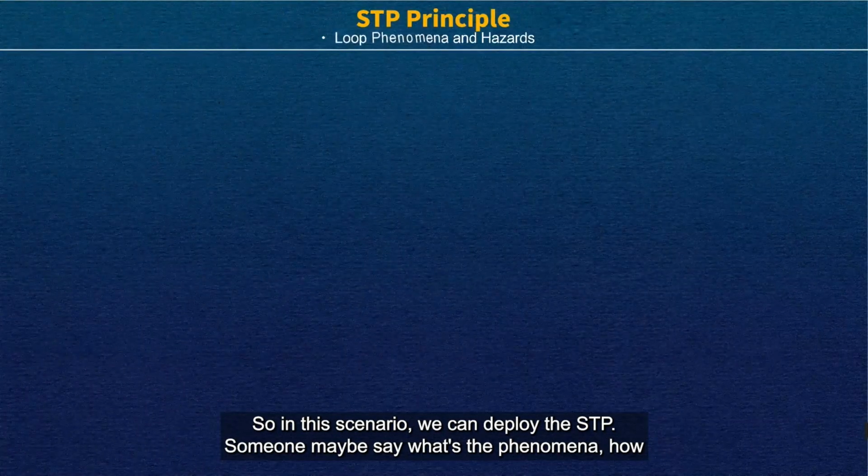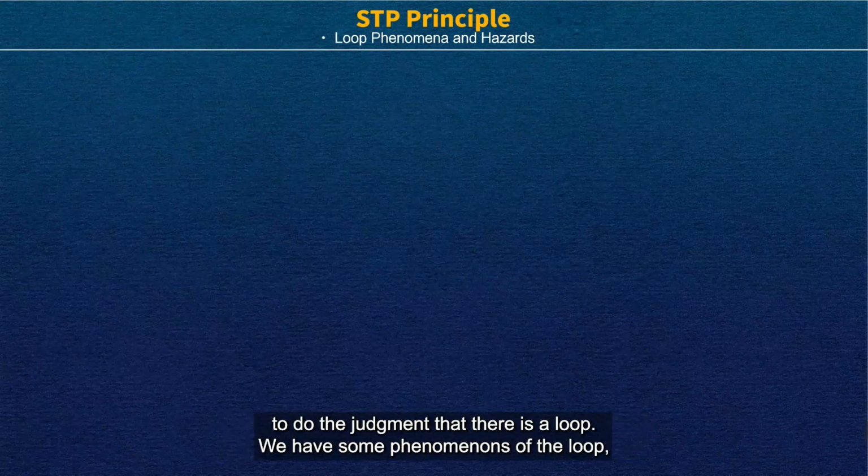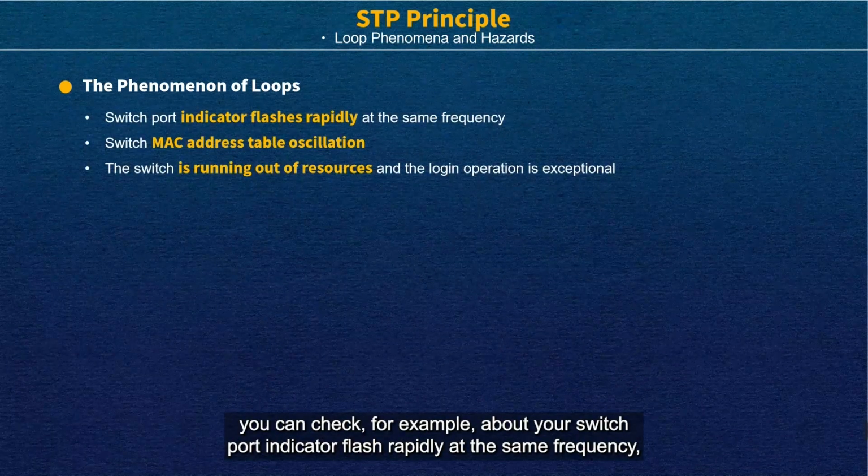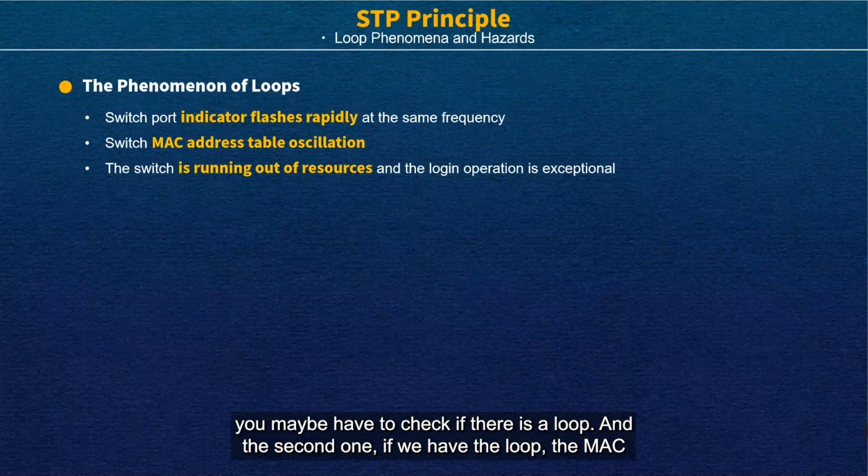Someone may ask what the symptoms are, and how to judge that there is a loop. There are some phenomena of a loop you can check. For example, if your switch port indicators flash rapidly at the same frequency, you may need to check whether there is a loop.